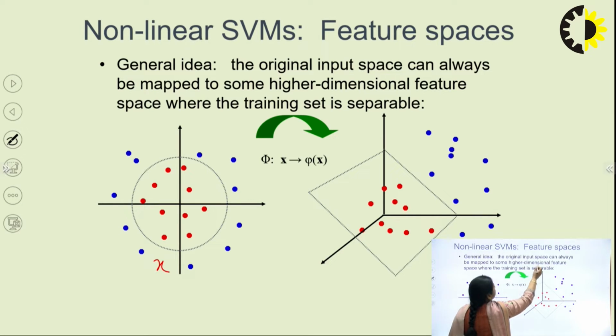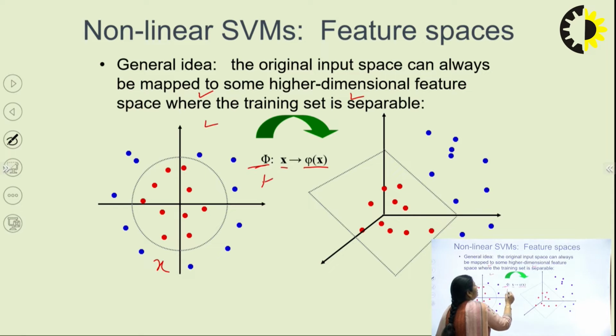The original input space can always be mapped to some high dimensional feature space where the training samples will become separable. So, what we do here is map lower dimension data to high dimension. This is called our kernel mapping. Our kernel may be a linear kernel, or some Gaussian kernel, or some polynomial kernel.